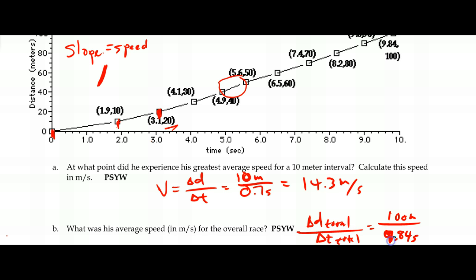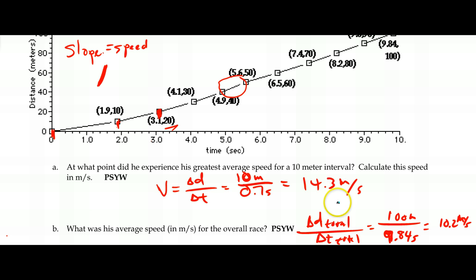That's a 9, not a 7. And that gives us an average speed during that time period of 10.2 meters every second. Still impressive, over 10 meters every second, not quite as large as that interval in which he was able to reach the maximum speed of about 14.3 meters per second on average.